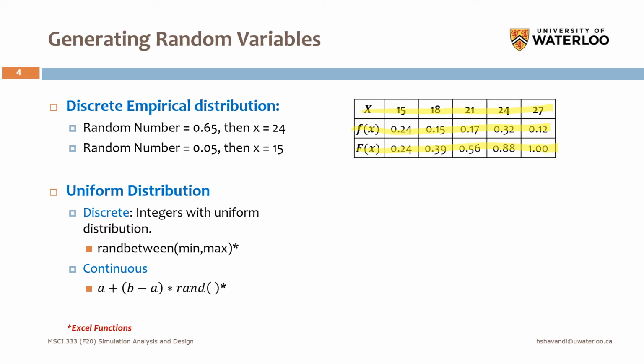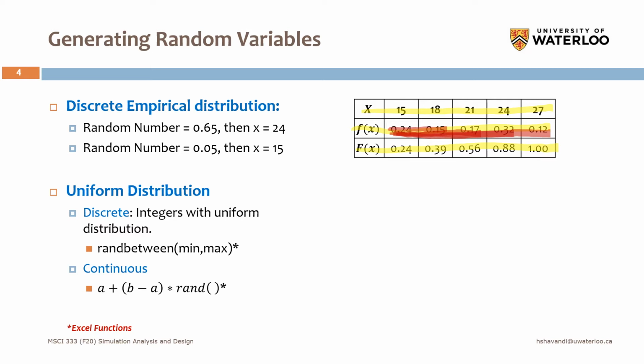For 18, we just add up these two values, 0.24 plus 0.15. For 21, we need to add up all these three values, which will be 0.39 plus 0.17. For 24, again, we need to add up all these four probabilities. And for 27, add up all the probabilities.